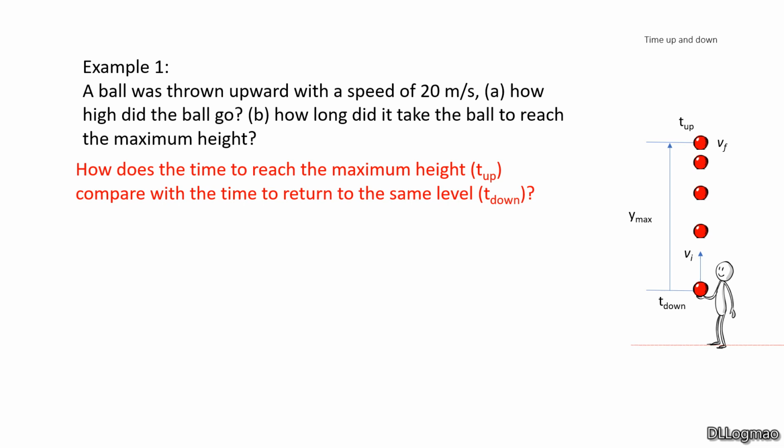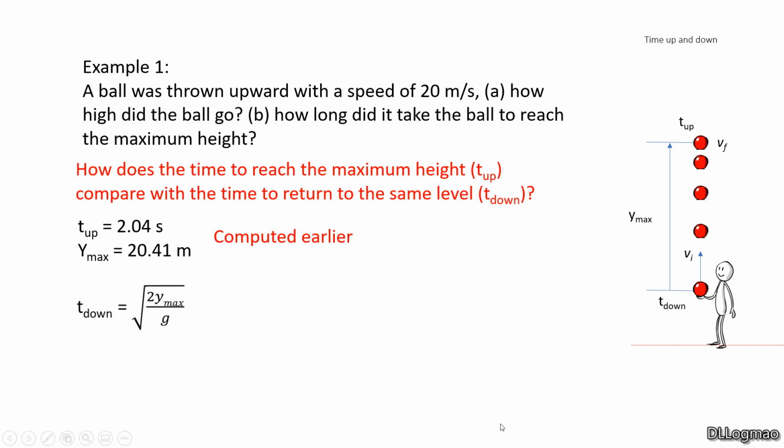Earlier, the time to reach the maximum height, t sub up, was computed as 2.04 seconds, and the displacement of the ball to the highest point is 20.41 meters. To determine t sub down, this working equation will be used. T sub down is equal to the square root of twice of y sub max over the acceleration due to gravity.